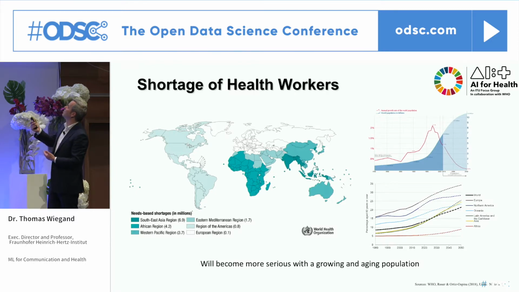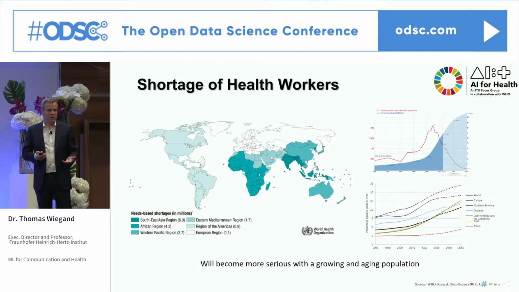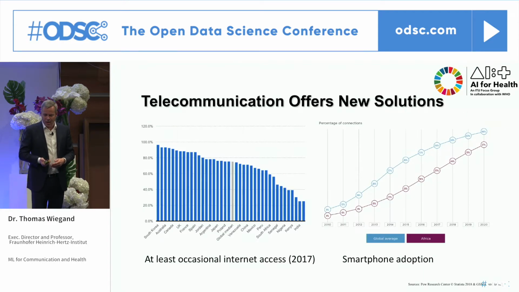You can see here, it's very bad in Africa, very bad in Southeast Asia, but also in this country or in Germany, you can have long waiting times to see certain specialists. And telecommunication offers new solutions. Let me give you one example.